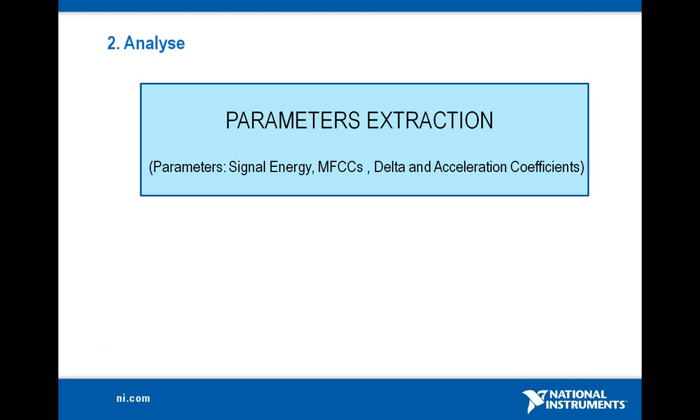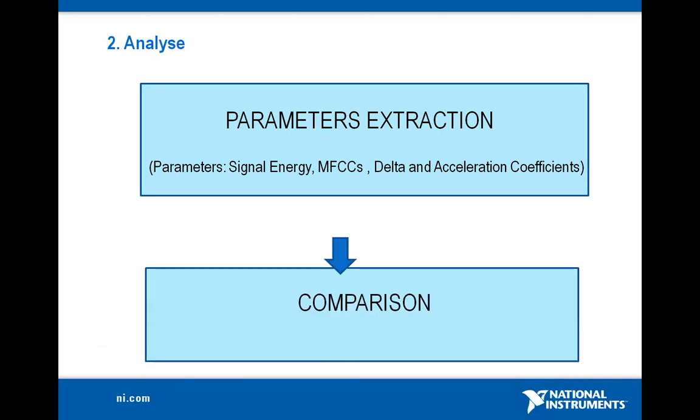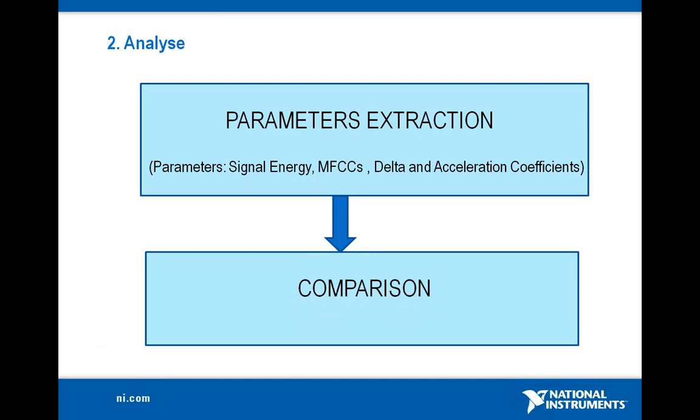To capture the dynamic changes in the MFCCs of the voice signals, we calculate delta and acceleration coefficients. Delta is the first derivative of the MFCC coefficients and acceleration is the second derivative of the MFCCs. The above parameters are then fed into a 2D array so as to compare them with the reference already set in the same fashion.